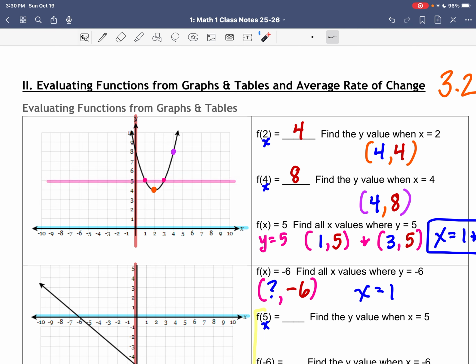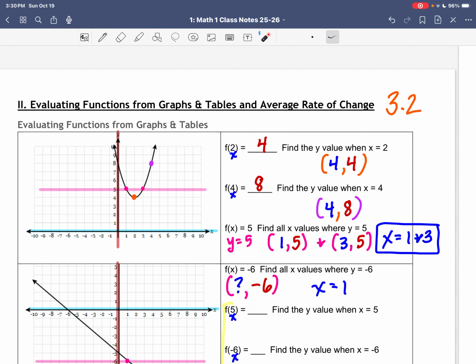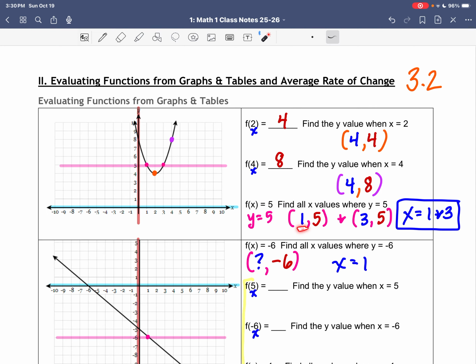Here we've got this point, which is (1, 5), and this point, which is (3, 5). So the x values would be 1 and 3. This is just looking at the graph and determining which one you're looking for, the x or the y, and seeing where your graph hits that point.